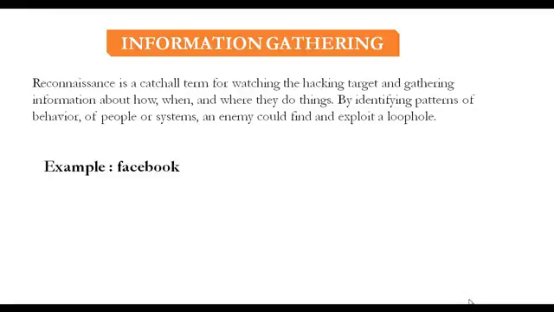This reconnaissance or information gathering is a catch-all term for watching the hacking target and gathering information about how, when, and where they do things. By identifying patterns of behavior of people or systems, an enemy could find and exploit a loophole. The very classic example is Facebook.